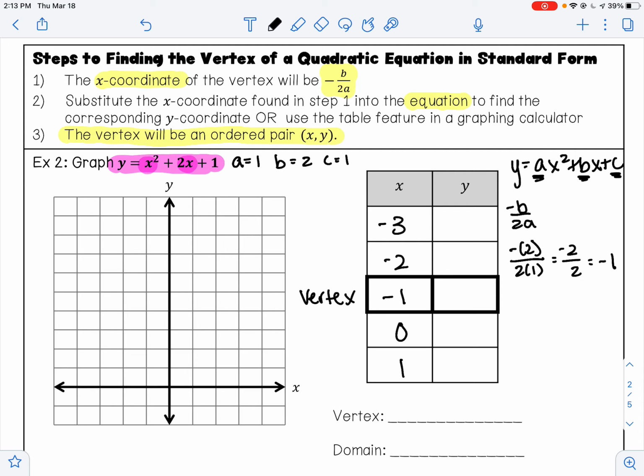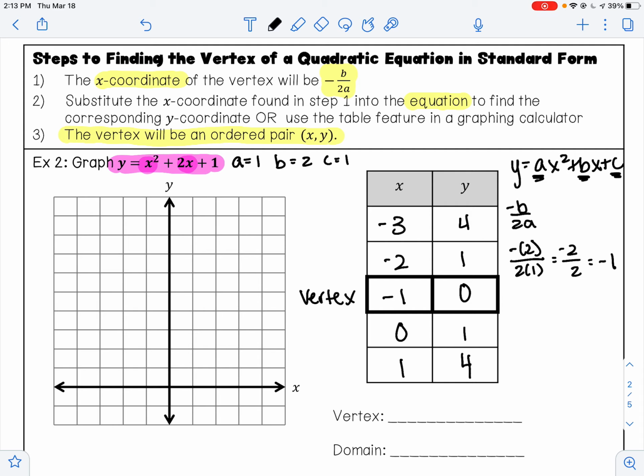When I plug these values in, for negative 3 I get 4, negative 2 I get 1, 0, 1, and 4. If you have done everything correctly, your numbers should repeat around your vertex. So that's just a quick way to check to make sure that you're doing it correctly.